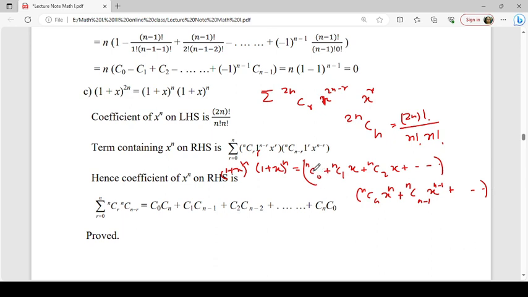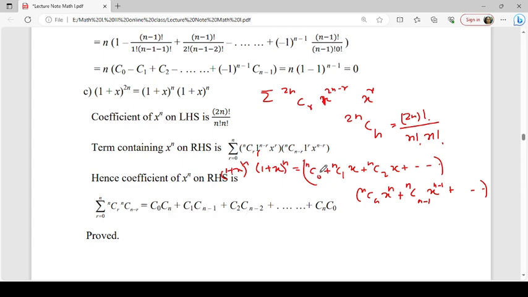So this term into this term, we get x to the power n; this term into this term, we get x to the power 1 plus x to the power n minus 1, so it is x to the power n. So the product of every respective pair of terms gives us x to the power n. So its coefficients are nC0 into nC1, nC1 into nC(n minus 1), nC2 into nC(n minus 2), and so on. So this is C0, Cn.